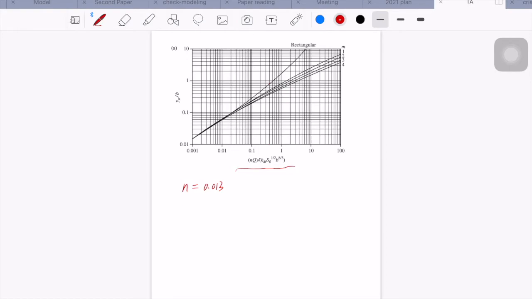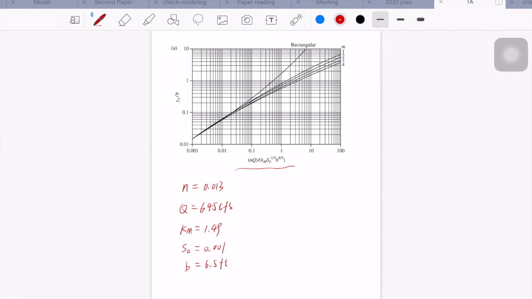And the Q we calculated before is 645 cubic feet per second, and Km should be equal to 1.49, since the unit in this problem is the British system, and S0 equals 0.001, and B equals 6.5 feet.